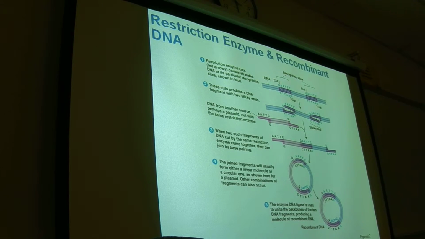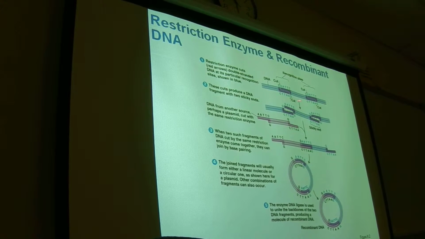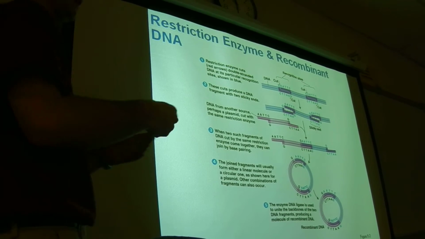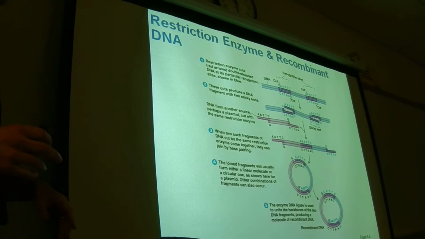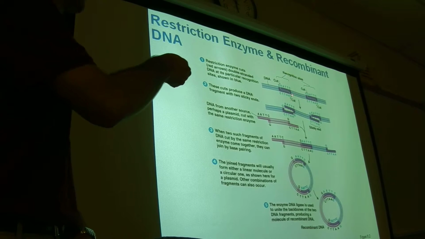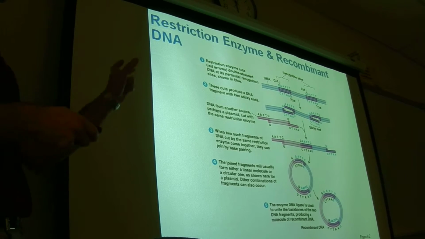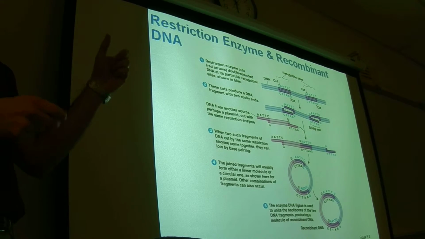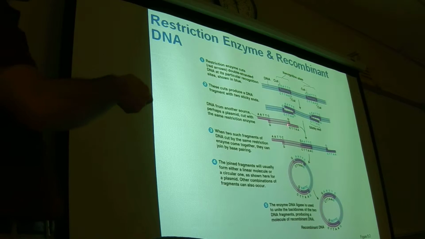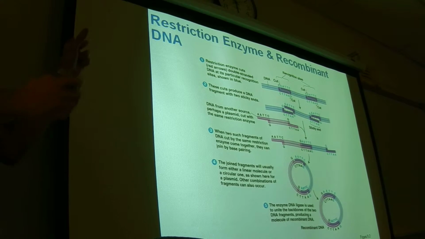So here's the basic strategy of how you clone a gene into a plasmid. You take a plasmid, you cut it with a specific restriction enzyme. Assuming that your plasmid has the sequence that the restriction enzyme recognizes, it will cut it in those places, and then the small piece of DNA in between the cleavage sites will fall out, basically leaving an opening.